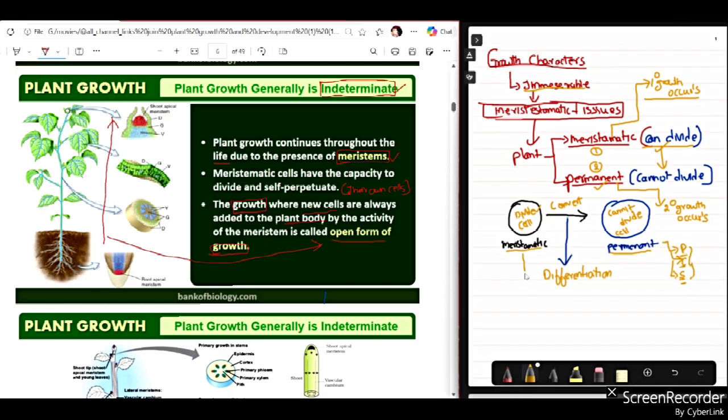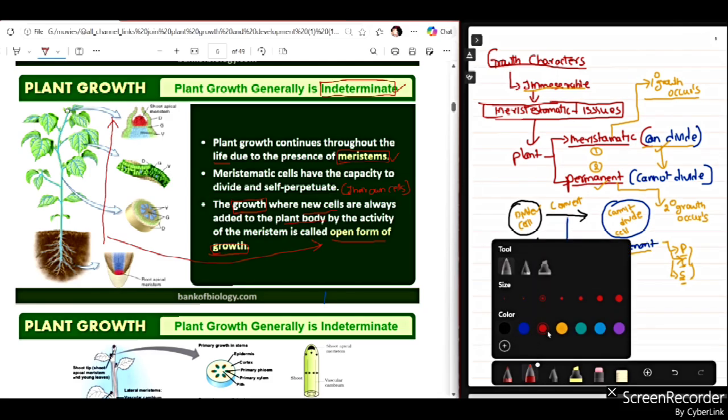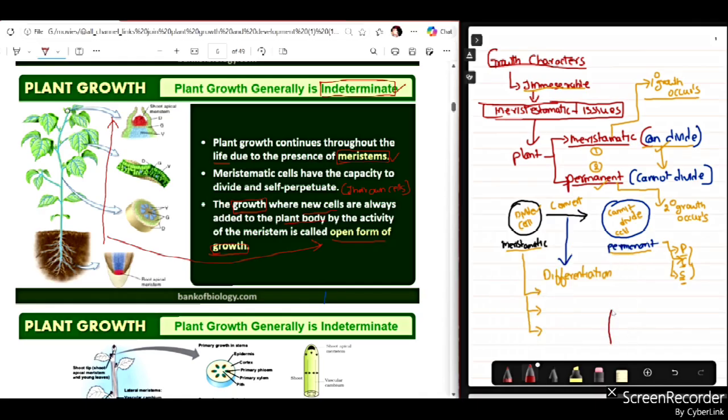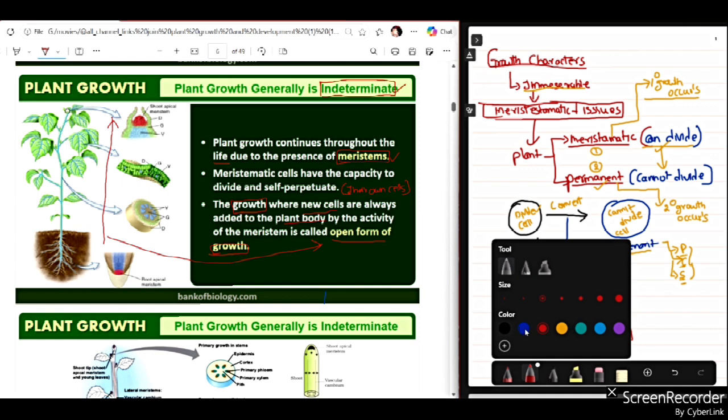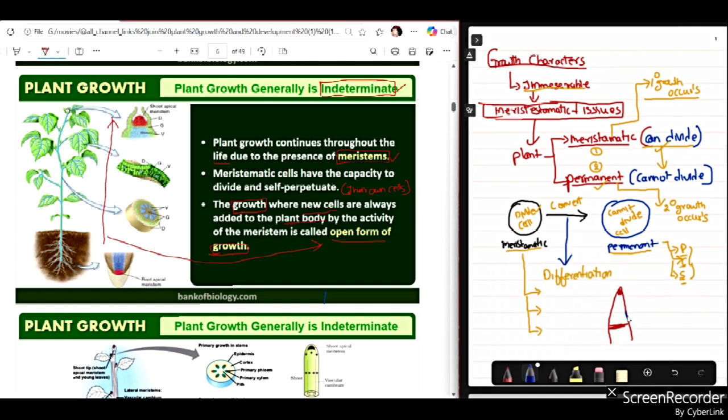What are the types of meristematic tissues? We discussed this in the anatomy of flowering plants. There are three types of meristematic tissues. If you take a plant like this, on the top there will be one meristem, in between there will be one meristem, and on the sides there is another type of meristem.